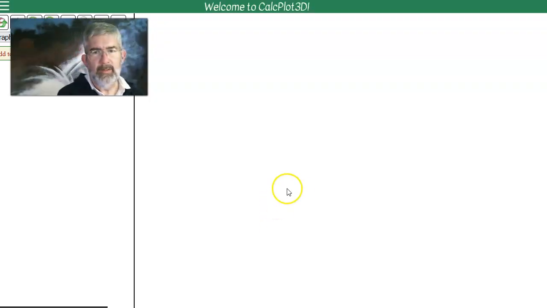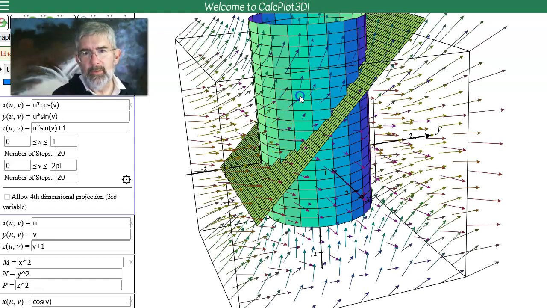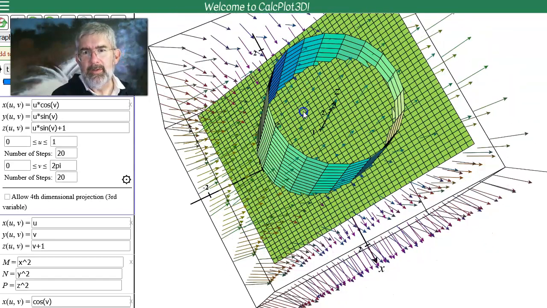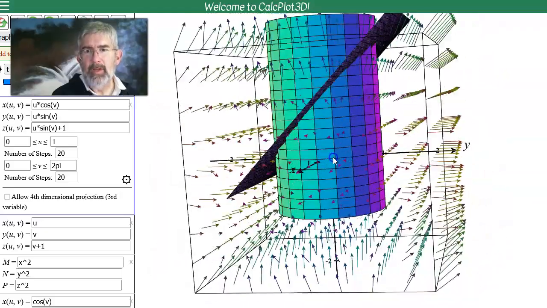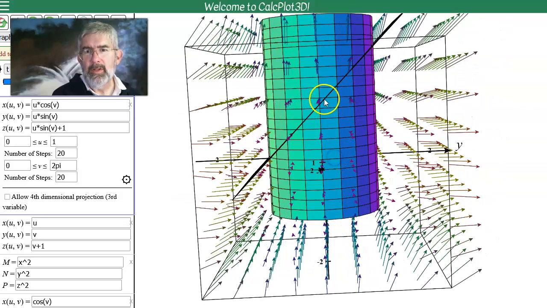So if we take a look at this in place we can move it around, right? You can see I just want the stuff inside there. And you can see the vector field kind of pointing off in all sorts of weird directions. I do notice that it is crossing the surface. So I guess it's crossing this way down here and this way up there.